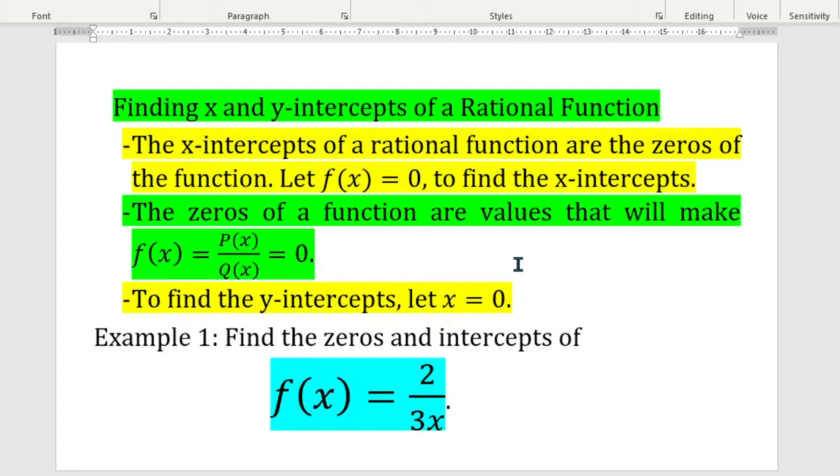And to do that, we let f of x equal to 0 and we solve for the values of x. Then we will get the x-intercepts. The zeros of a function are values that will make our function equal to 0. While to find the y-intercepts, we let x equal to 0.